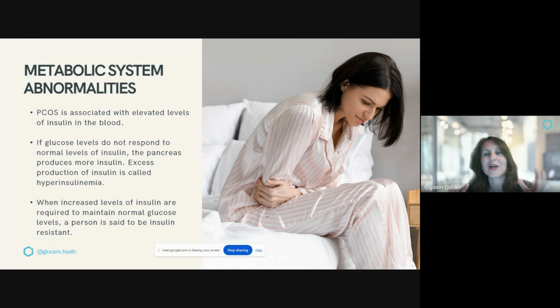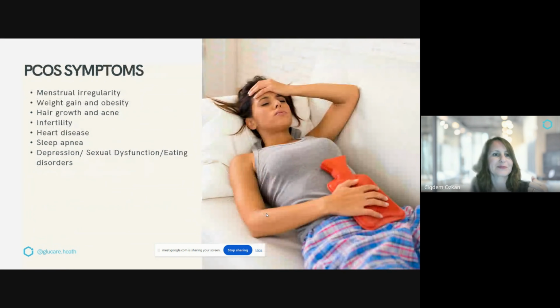This leads to cravings, to excursions and variation in blood glucose, and to further metabolic disturbance. When insulin is not working enough, your blood glucose goes high, you are prone to prediabetes and diabetes, and again, all of these increase cardiovascular risk.